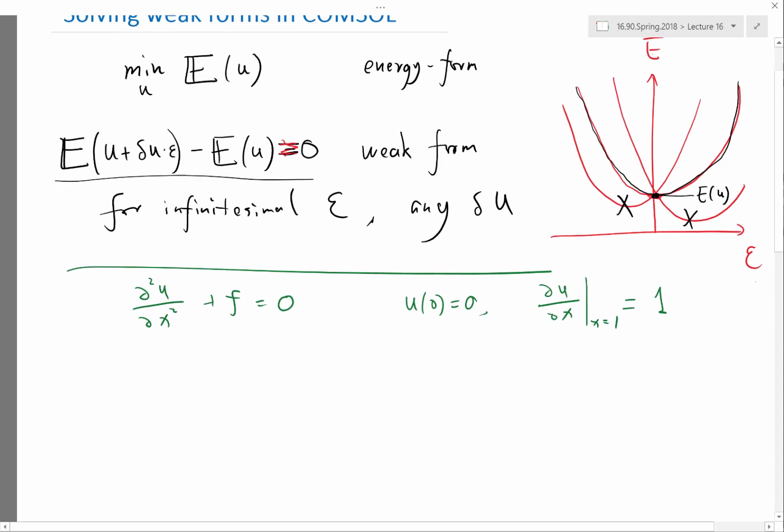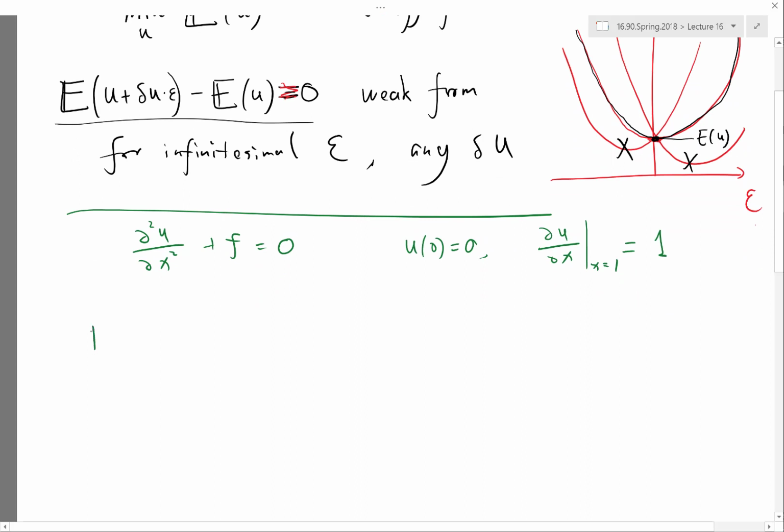So how does this correspond to the weak form? To derive a weak form from this differential equation, here what we are going to do is derive the weak form from the differential equation and see how it is equivalent to the energy minimization form, right? So this is the PDE, and from the PDE you can go back and forth to the weak form, and from the weak form you can go back and forth to energy minimization.